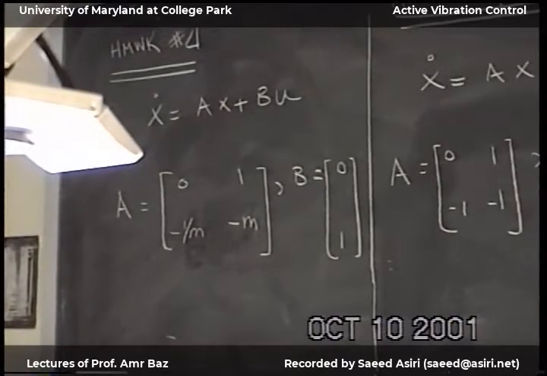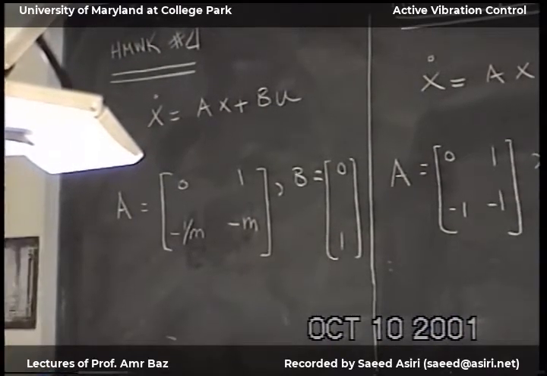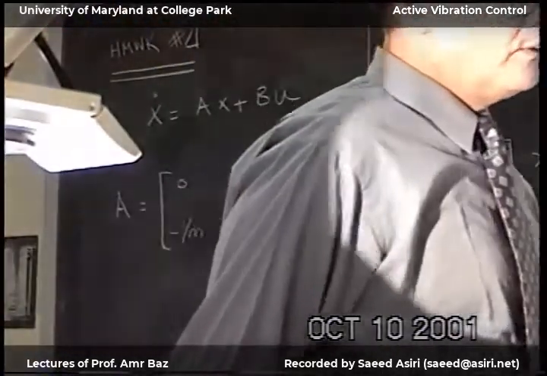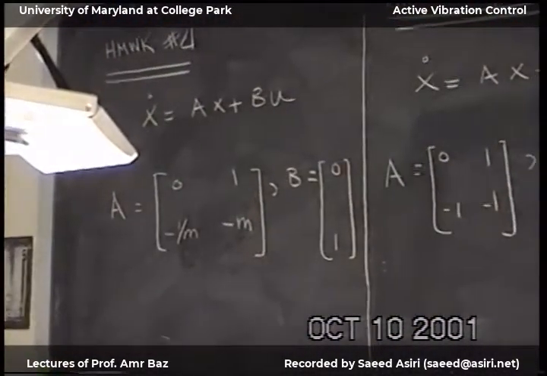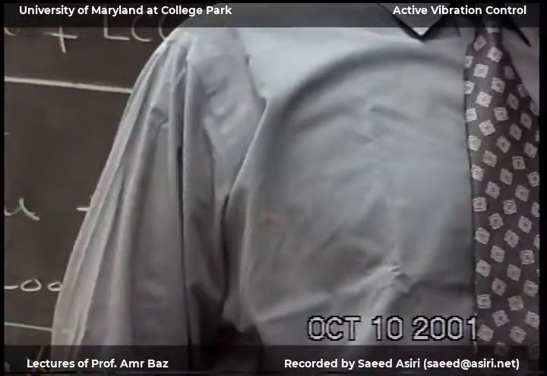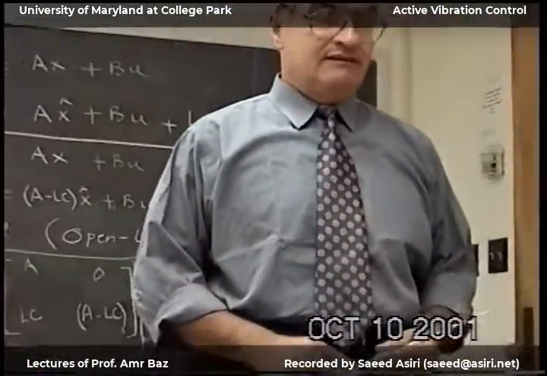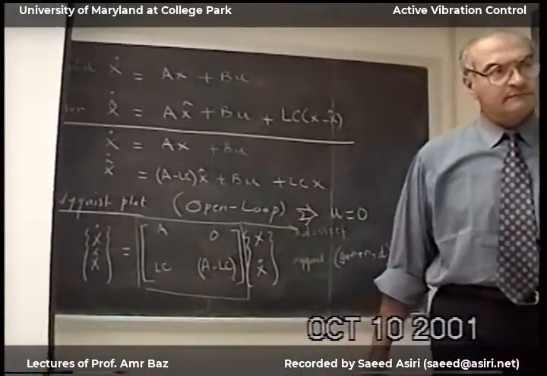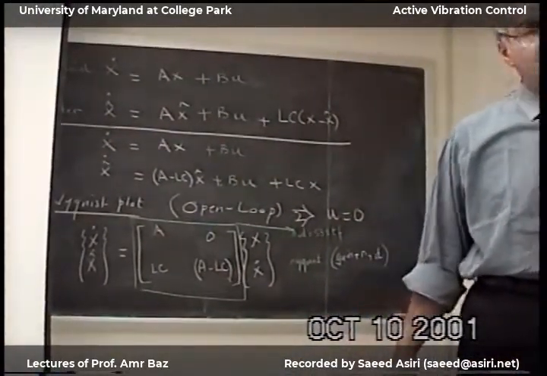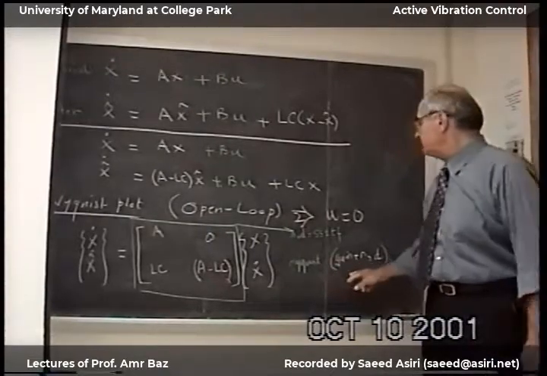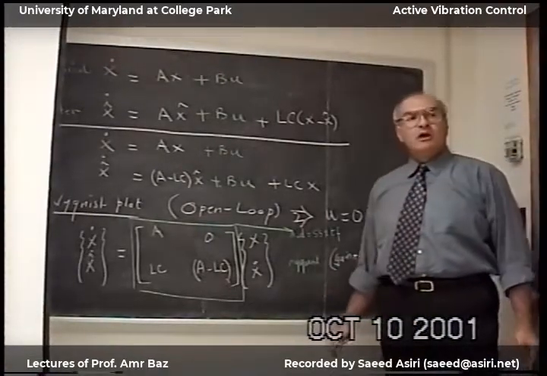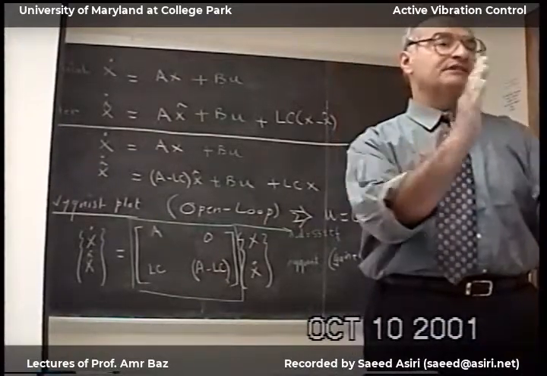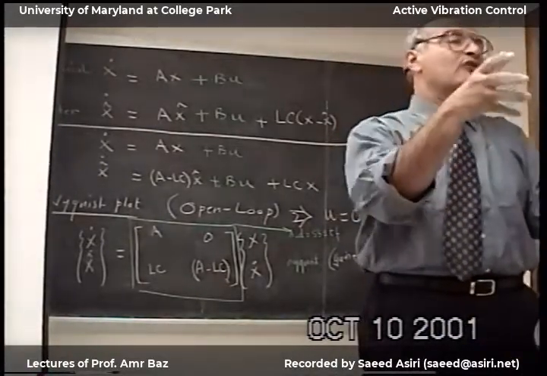Yes, ma'am. In the Nyquist, I thought you said you use the open loop. Yes, ma'am. This is the open loop. But why is B in there then? Why is what? In the Nyquist. You multiply times the gain, and then you multiply times the gain. In the MATLAB Nyquist command, we took the B out, and we put the B back in again? No, because you have to write down the system description. Where is the actuator located?